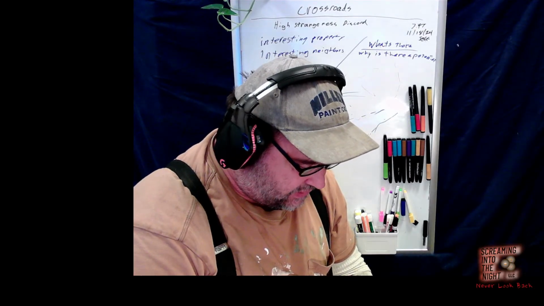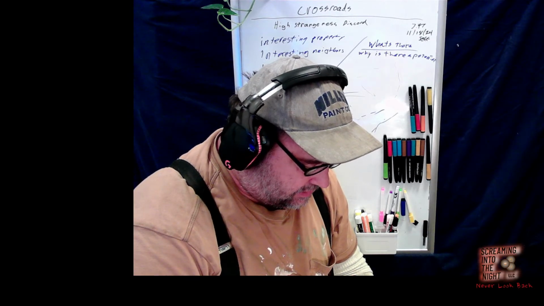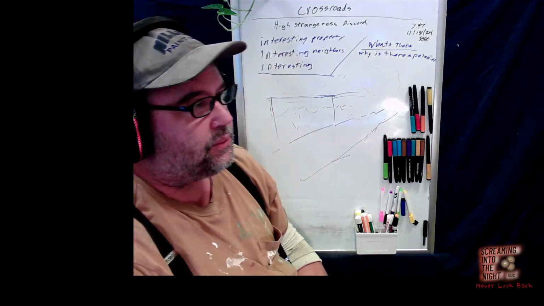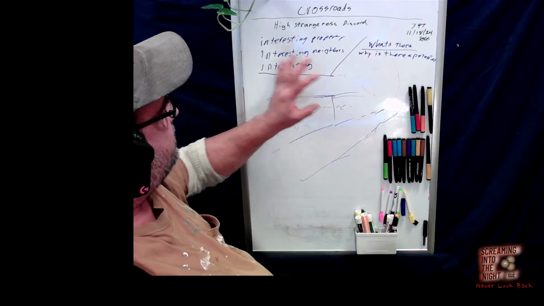Now, when I look at her property, I've seen different aspects of different things, like just energy signatures that are not what you would call ordinary. And this is very similar to it.